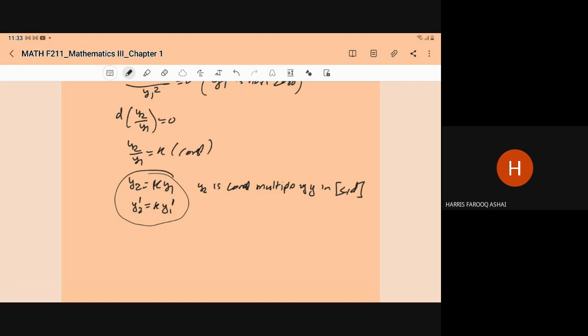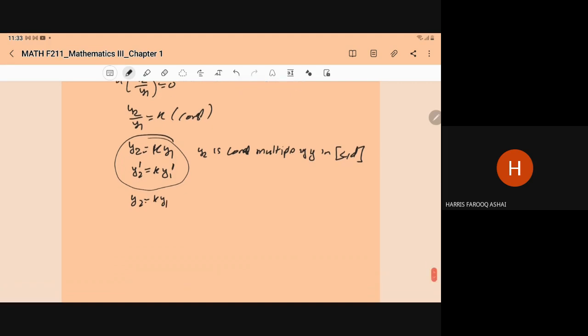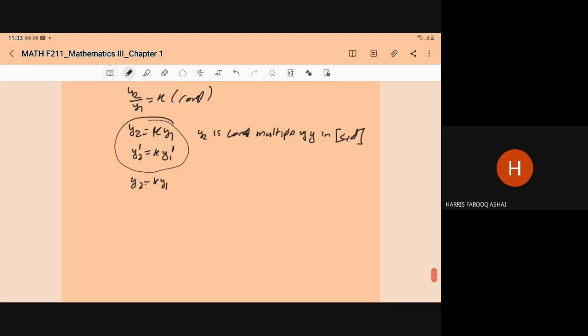So we have y2 is equal to k y1. And by theorem 14a, what is theorem 14a? If something is unique at a point in the interval, then we have the unique solution.